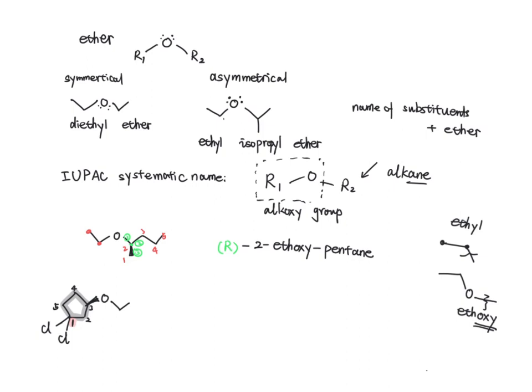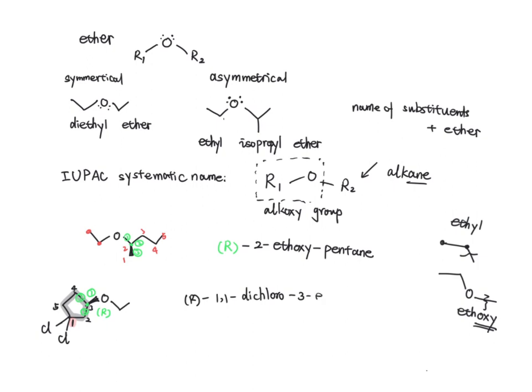Okay, so in this way, again, we have a stereocenter right here. So we have 1 and then 2 and 3. So 1, 2, 3. This also gives us R. So we have R, and now we have 1,1-dichloro, right? And 3.